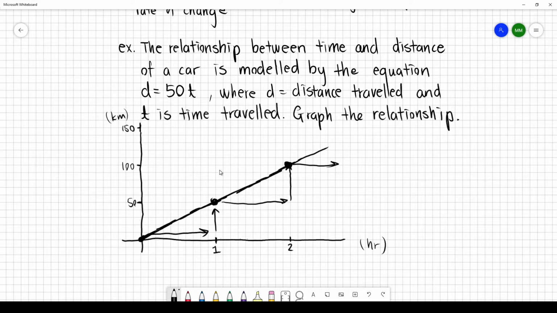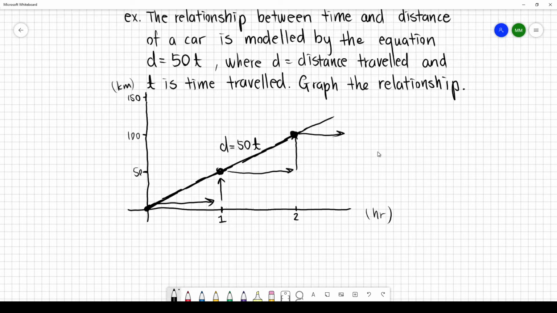And it's always a nice thing to write out the equation right next to the line. Sometimes the teachers even require you to do that, but oftentimes no. But it's still a nice thing to do.